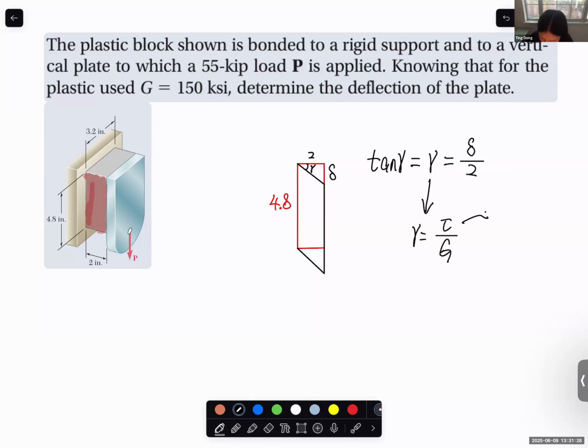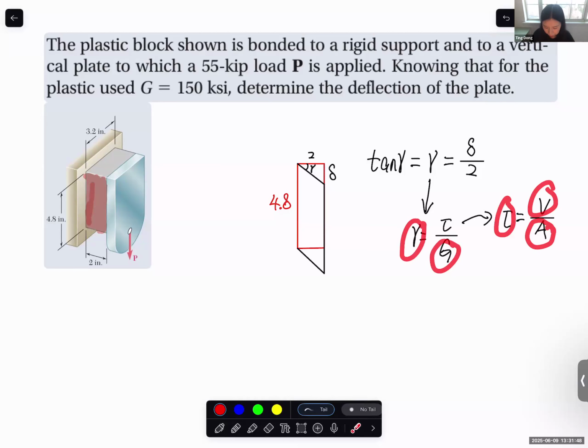And shear stress, we learned from the previous section, always equal to shear force over area. Right, and we're done. We know the force applied, we know the area that carries the shear force, so we can calculate shear stress. With the shear modulus given, we can calculate shear strain. When the shear strain is given, since small angle deformation, we can always approximate gamma equal to tangent gamma equal to delta over 2, and we're done.